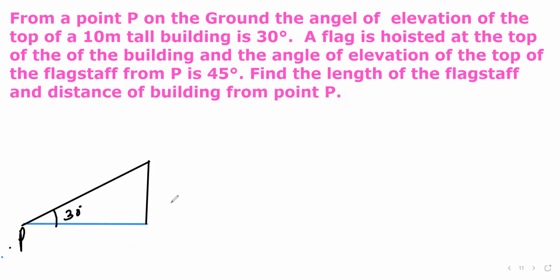30 degree, and height of the building is what? 10 meters. All right. A flag is hoisted at the top of the building, and the angle of elevation to the top of the flagstaff from P is 45 degree.